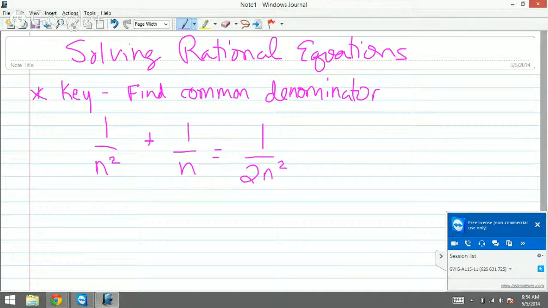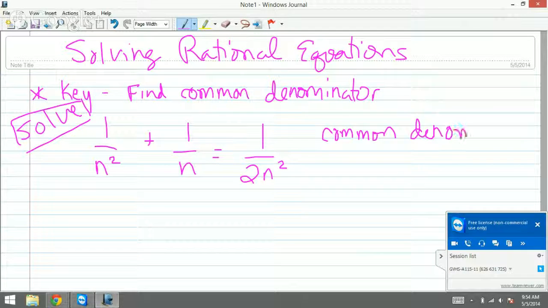So we're going to solve. Okay, anybody know the common denominator?